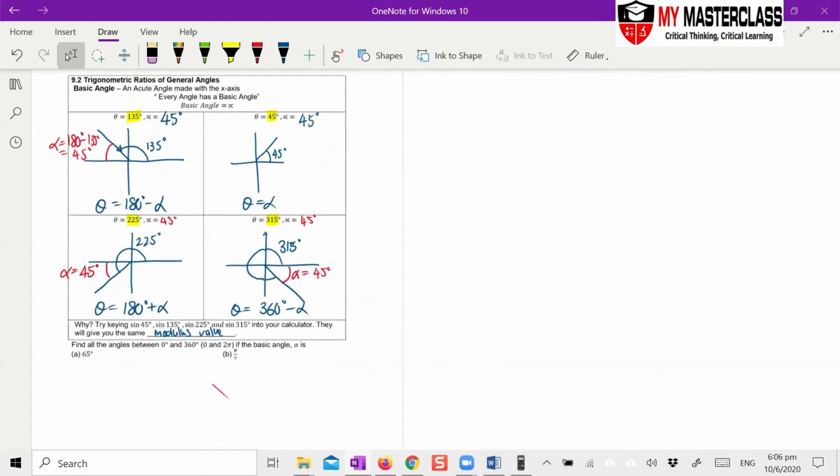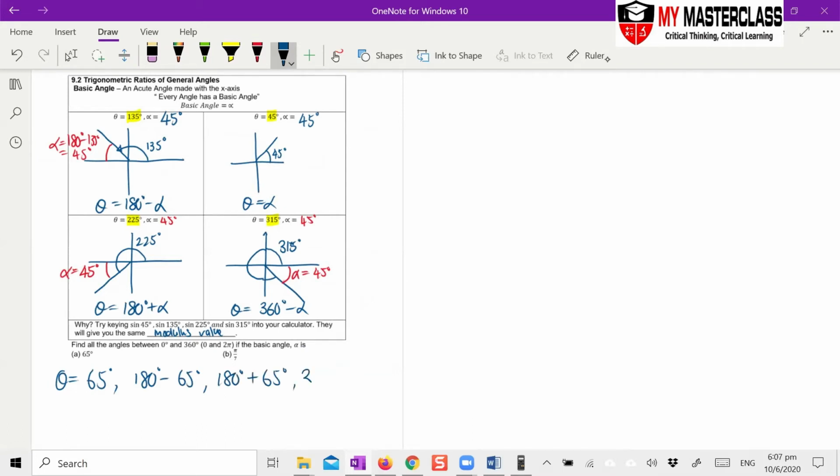So for an angle that is 65 degrees, what are the other angles that have a basic angle of 65 degrees? The first one, the angle is 65. Then the second one is just 180 degrees minus 65 degrees. The third one is 180 degrees plus 65 degrees.